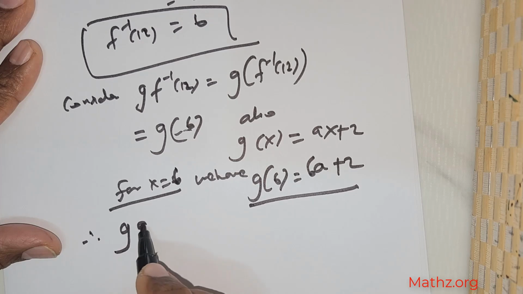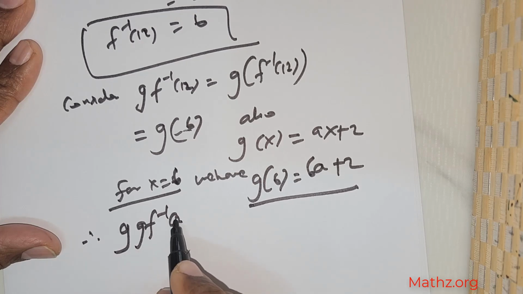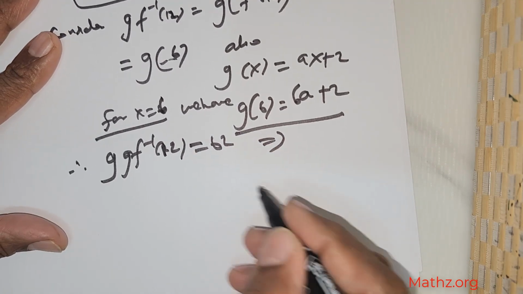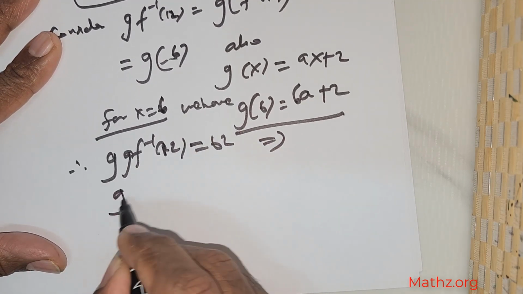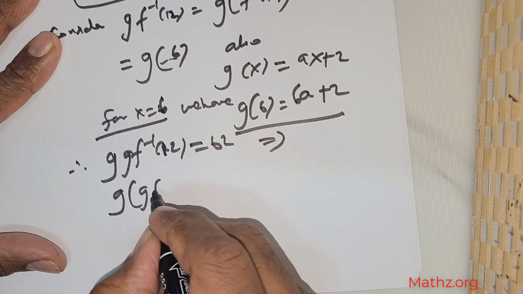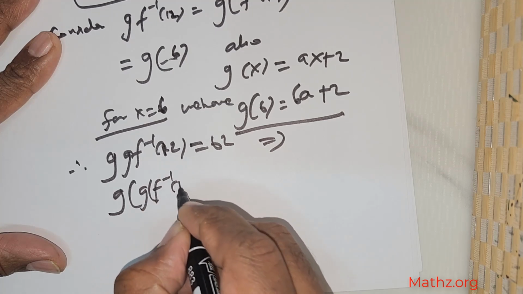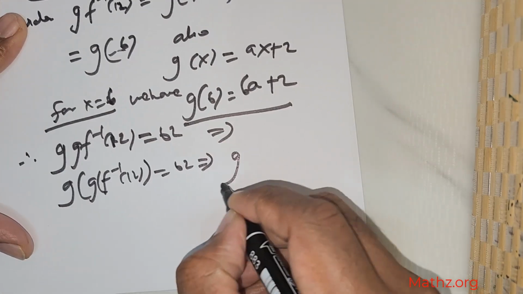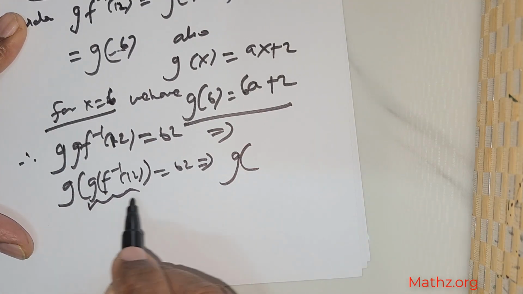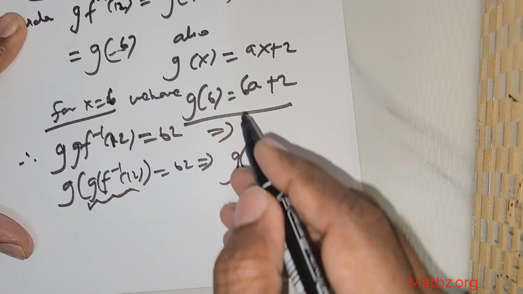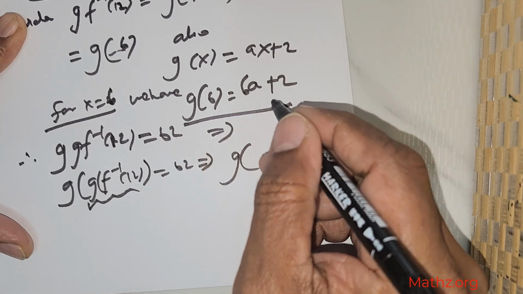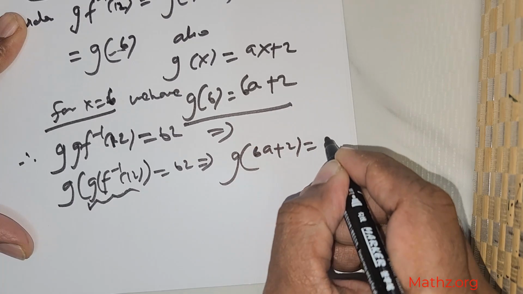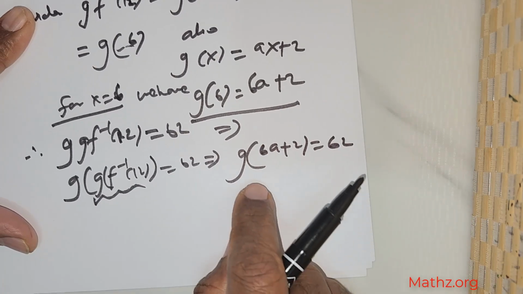So therefore g of f inverse of 12, which is given as equal to 62, is rewritten as g of 6, since f inverse of 12 is evaluated, which is 6a positive 2 is equal to 62.